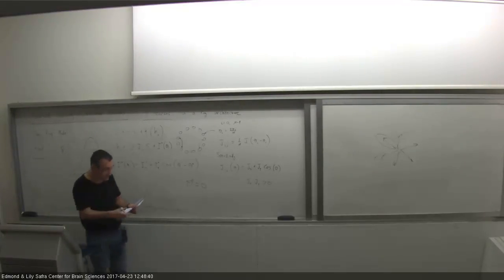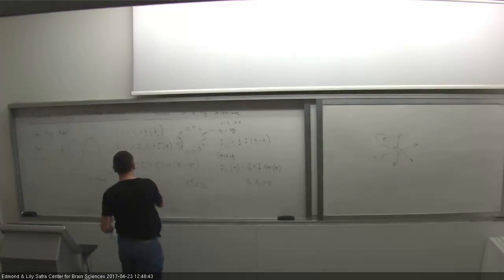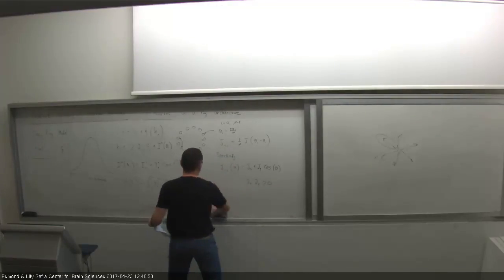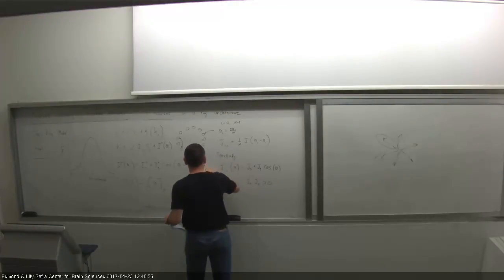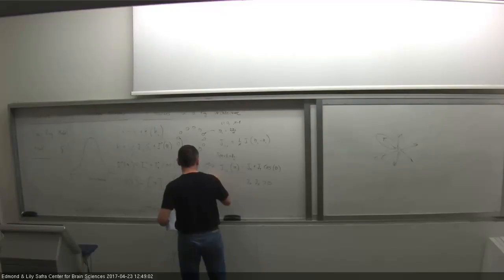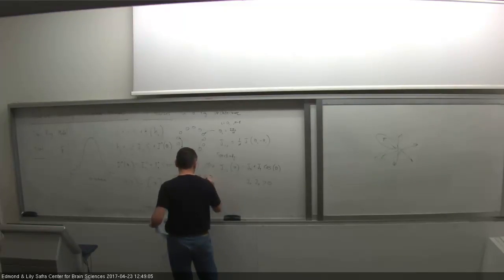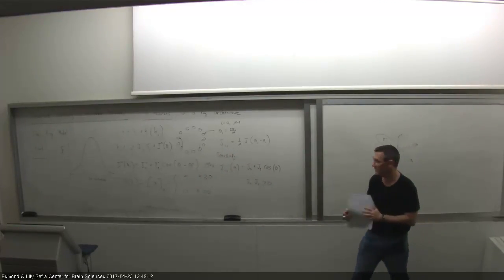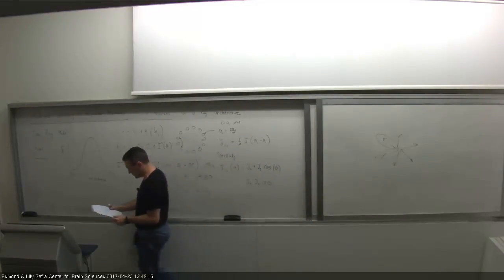So we will consider a particular type of nonlinearity, which will be threshold linear. So this will be equal to x if x is larger than 0, and equal to 0 if x is smaller than 0. This is the nonlinearity that we will consider. G of x is a threshold linear function.